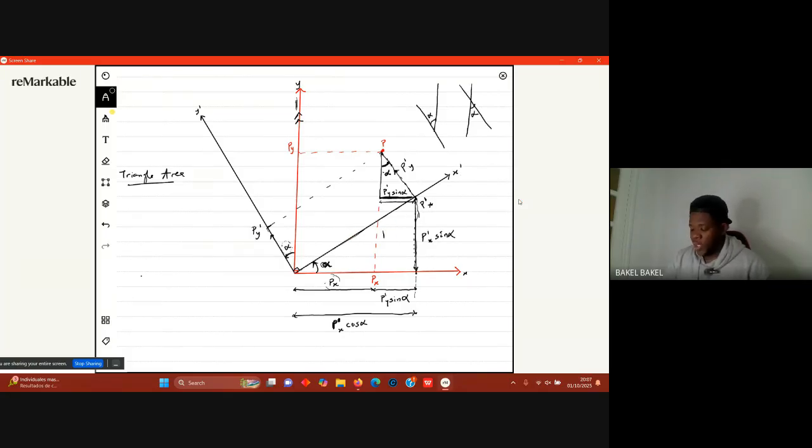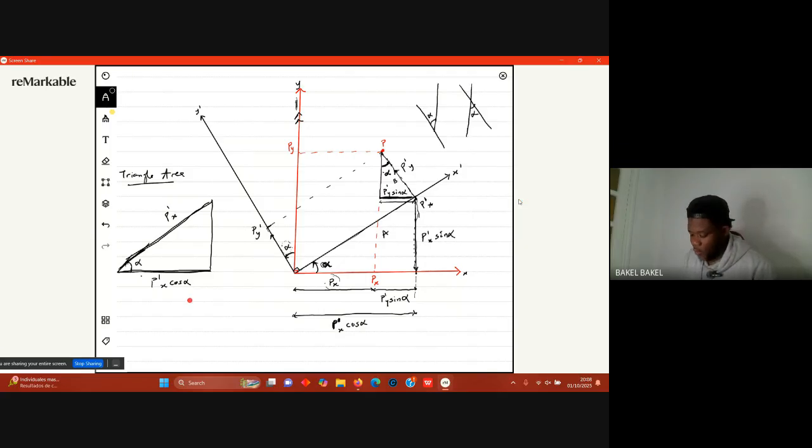Let's call it triangle A. So this is triangle A, this is triangle B. I isolated this big triangle A into something like this. And then we know that the hypotenuse of the big triangle is p prime x. We know that the alpha is there. So the adjacent, which is the x, would be p prime x cos alpha.